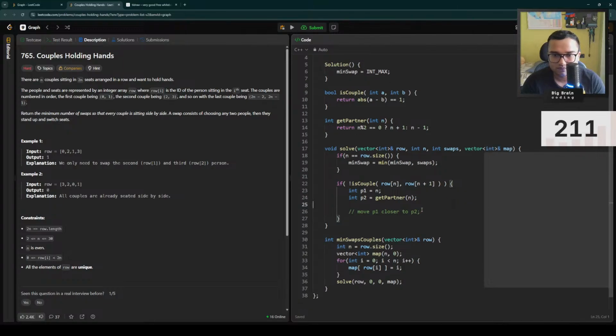Right. So index of p1 is just n. Instead of n, let's keep it I, because it is easier to understand. So if row of I plus 1.